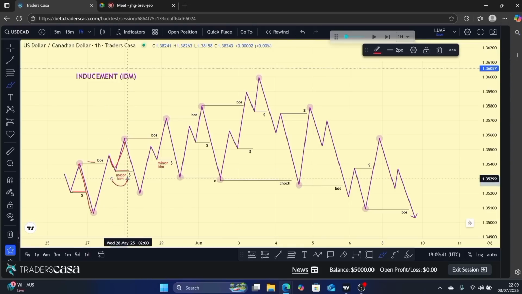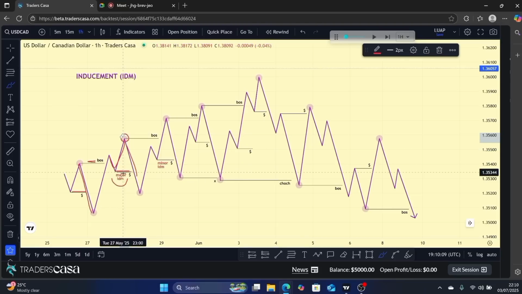Why major inducement? Because it was created after the break of structure. Then if price now reverses and takes out this major inducement, I am not interested in how far price retraces before reversing. I'm only interested in this part, that price has taken out that major inducement. I am already confirming this one here to be a break of structure.